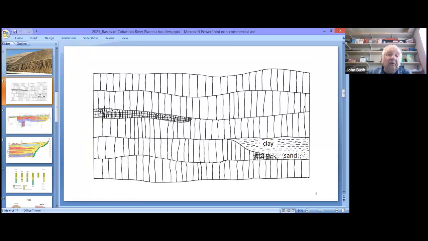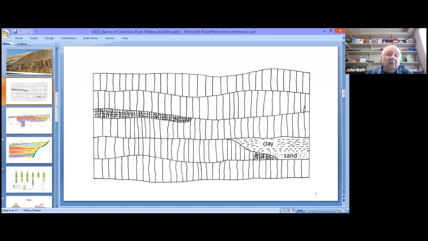What happens when a flow thins and gets below about 70 feet in thickness, the fractures on the top, the fracture part of the top joins the fractures on the bottom, and you have this unit anywhere from 50 feet down to where it pinches out that can be easily saturated, has high porosity along those fractures, and also high permeability, ability to move water from one location to another.